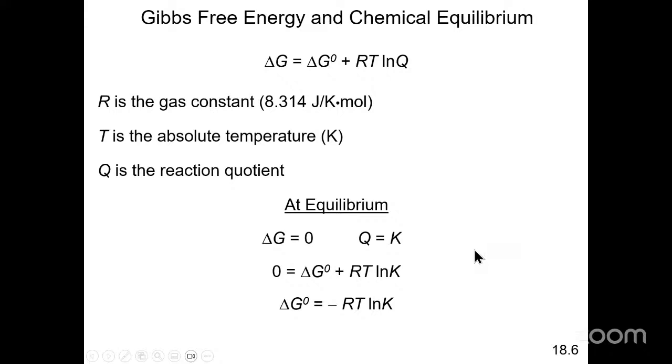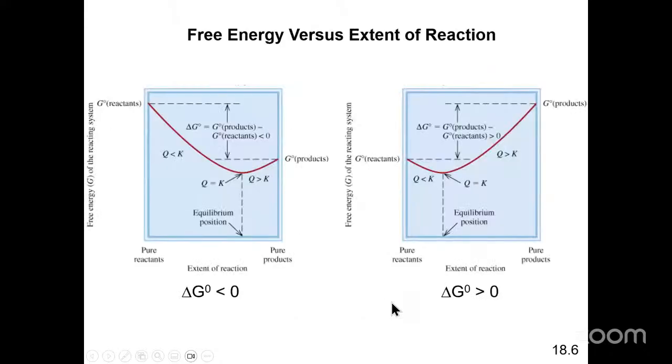Okay, so just to graphically represent what we just discussed, these are two graphs where we plot the free energy of the reactants on this axis here, the free energy of the products on this axis here. Same thing for the other graph.